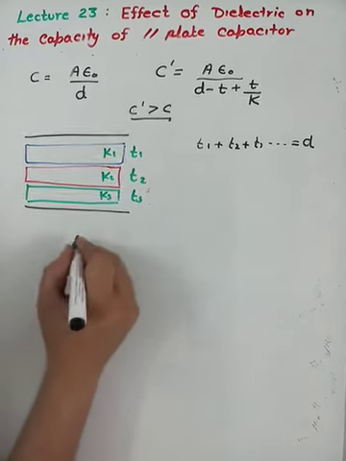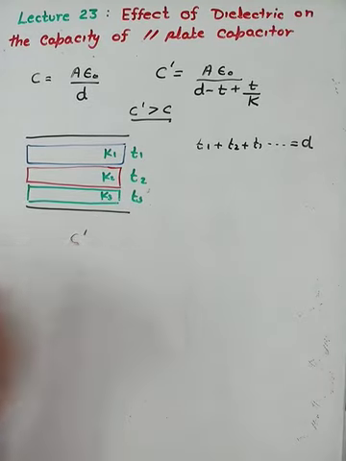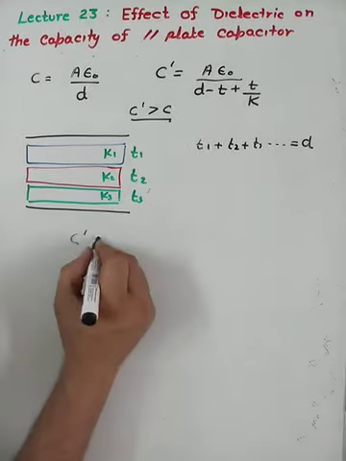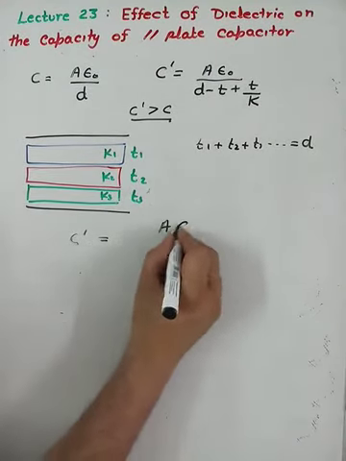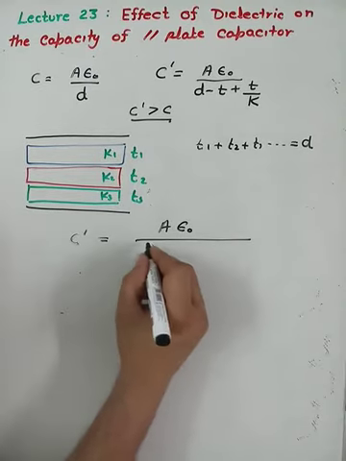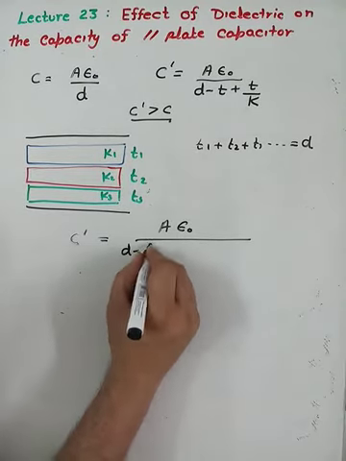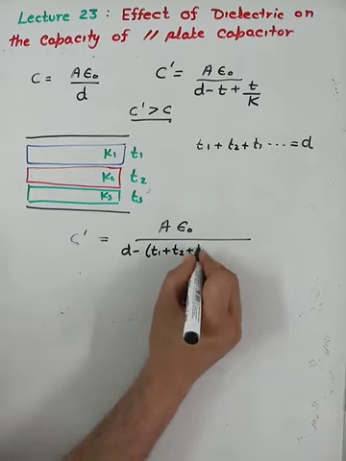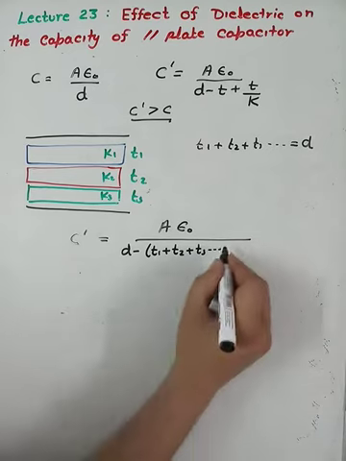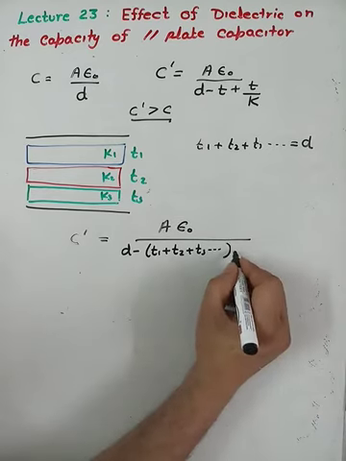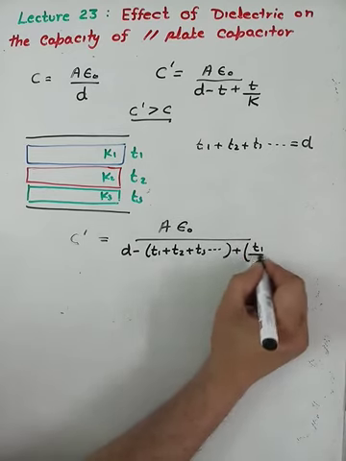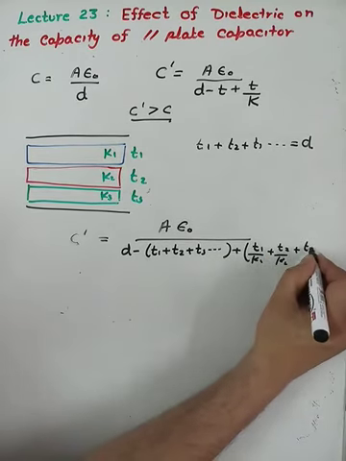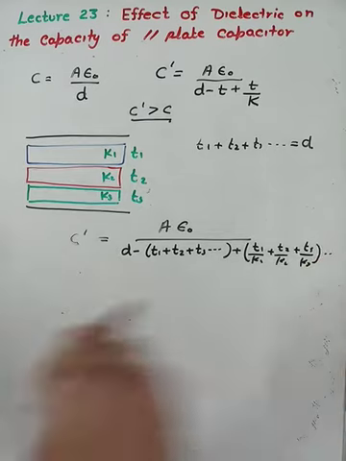Now the capacity of the parallel plate capacitor is given as C dash equals A epsilon naught upon d minus (T1 plus T2 plus T3 and so on) plus (T1 by K1 plus T2 by K2 plus T3 by K3 and so on).